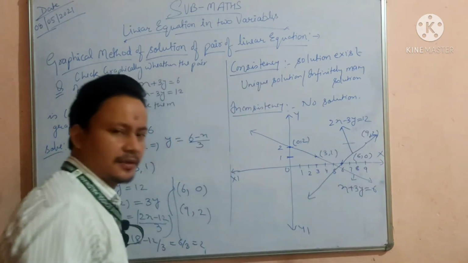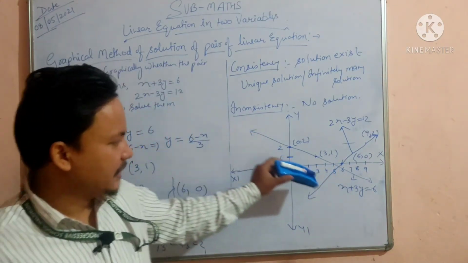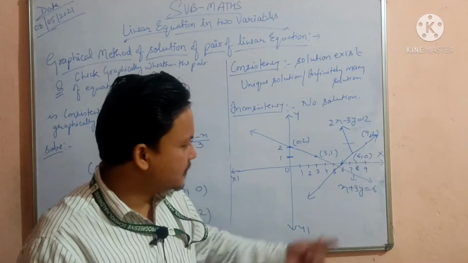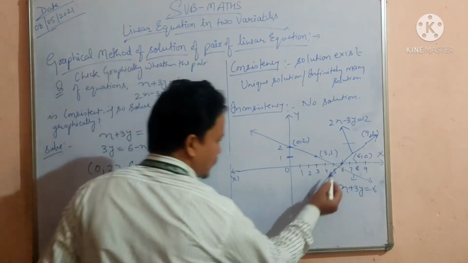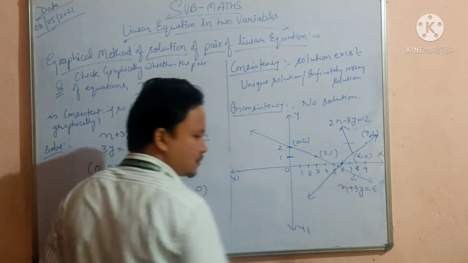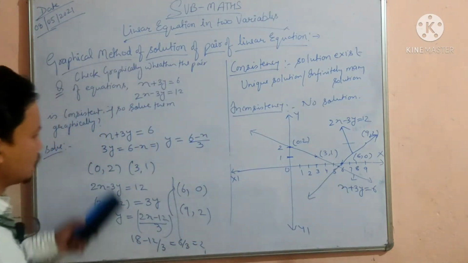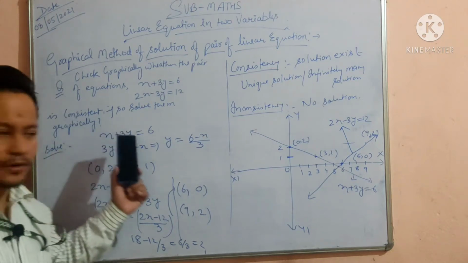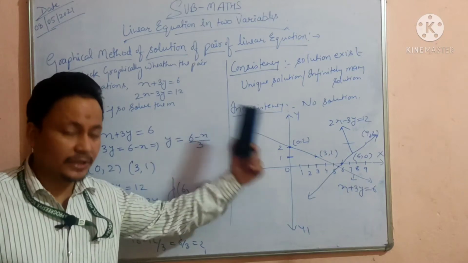Now see both the lines, or you can say both the pair of linear equations in two variables, are intersecting at one point only. You can check here, they are intersecting at one point, so you will find only one solution here. So the pair of linear equations is consistent because we have one solution, known as one unique solution.